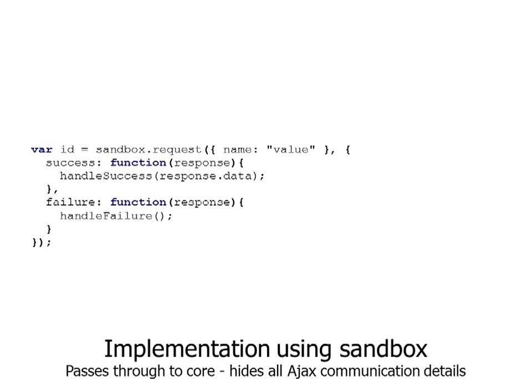And so use the sandbox, and you create a request. Now, requests are always name-value pairs. And that's what you're sending to the server. Right? This is equal to this is equal to this, do something with it. And then when you get it back, all you really want is a fast way to get to the data that was sent back to you.